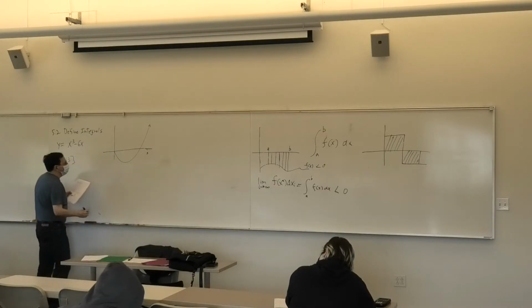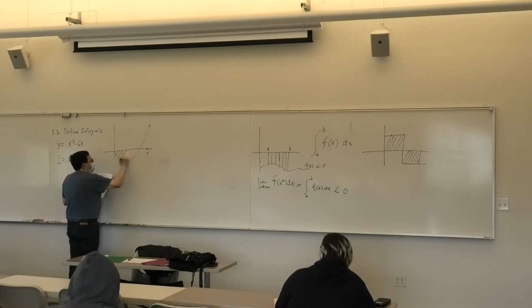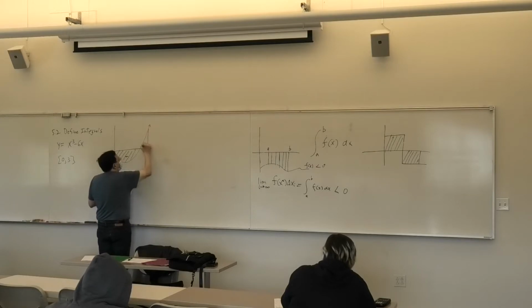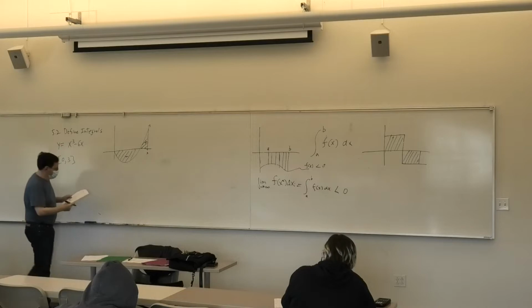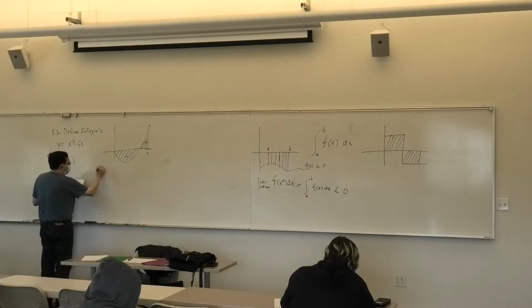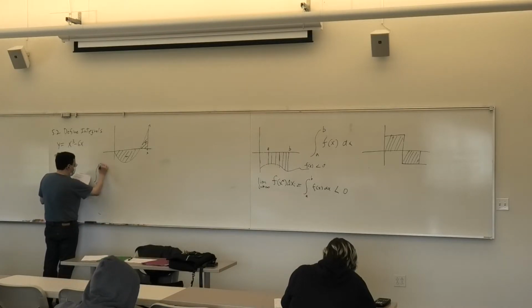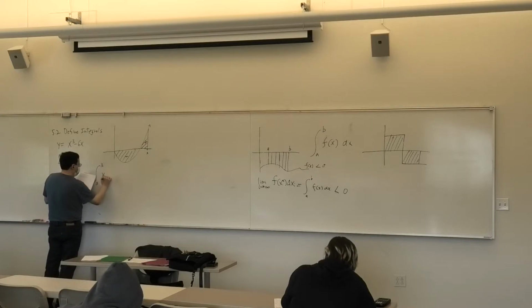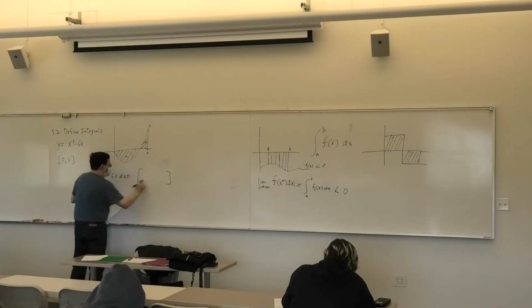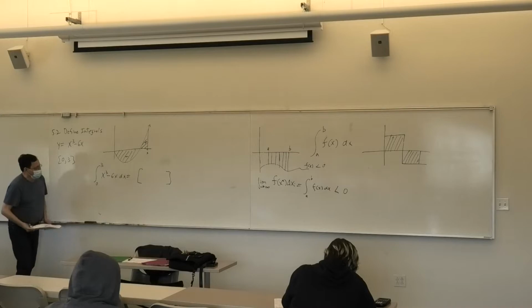So we're going to have a negative area here, and we're going to have positive area here. We don't actually have to think too hard about this. We could just use the mechanics we learned. The integral from 0 to 3 of x cubed minus 6x dx. We just have to find the antiderivative of x cubed minus 6x.